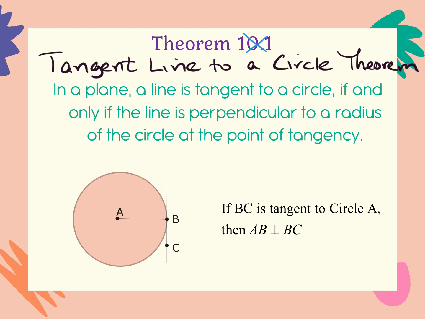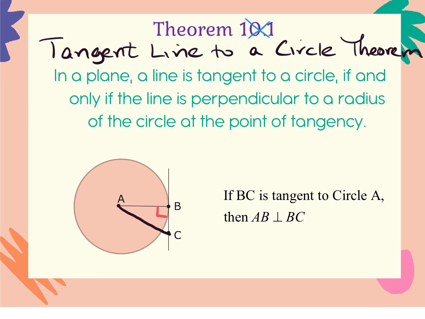So notice here, AB is the radius, and then BC is the tangent, and these are always going to be perpendicular. If BC is a tangent line, then it's going to be perpendicular to the radius. So this is where we're going to bring back our chapter 9, because we're going to be turning this into a right triangle. I can go ahead and connect A to C, and notice now I've just formed a little teeny right triangle here.